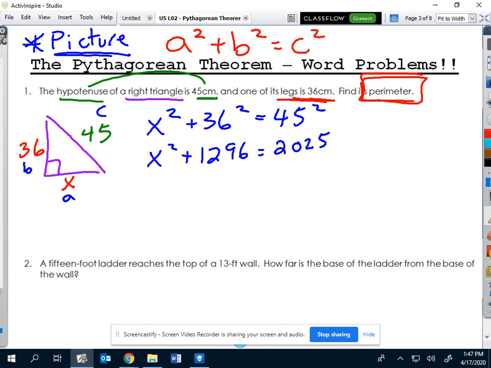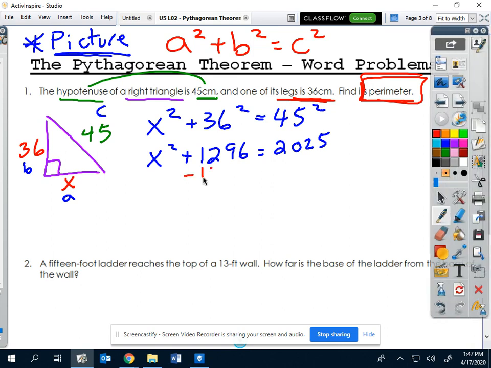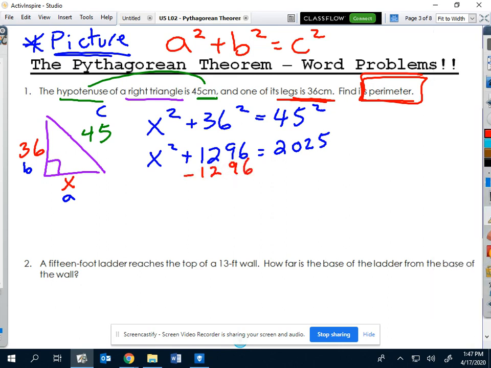So we've now got our equation almost there. We need to subtract this over. If I subtract that 1296 to the other side, here's our equation: x squared equals, when we subtract the 1296, let me type that in real quick to make sure we're good, we're left with 729.